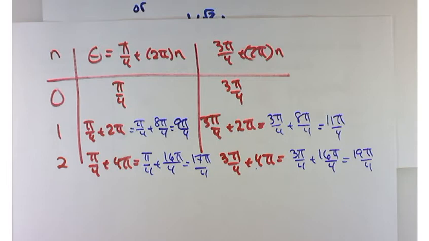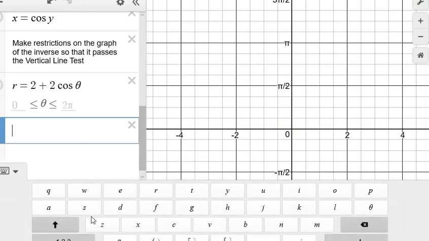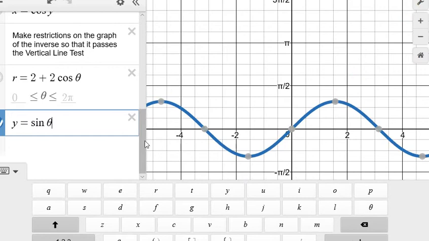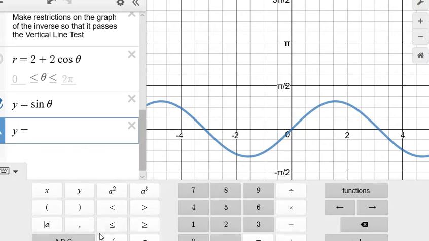Let me kind of confirm this with Desmos. And the nice thing about Desmos is that it'll actually solve some of this stuff for you in a certain sense. So let's get rid of that, our little cardioid, and look at y equals the sine of theta. Looks like this. And then I'm going to try and find the points of intersection with the graph of y equals the square root of 2 over 2.